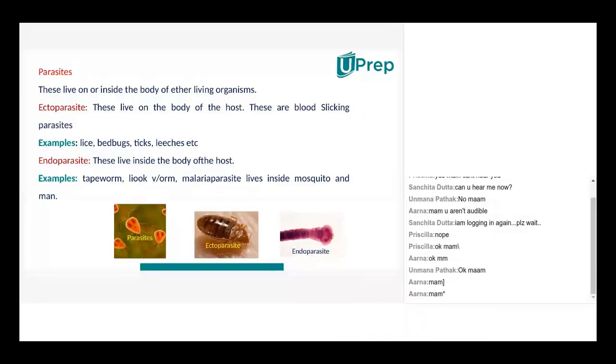Both for food as well as for shelter, the parasites live on a living being, right? The moment it lives outside the body, it's known as ectoparasite. Like you will find lice, bed bugs, tick, leeches. And when it lives inside the living organism or living host, then it's known as an endoparasite. For example, tapeworm, right? Hookworm, malarial parasite, these are all endoparasites.